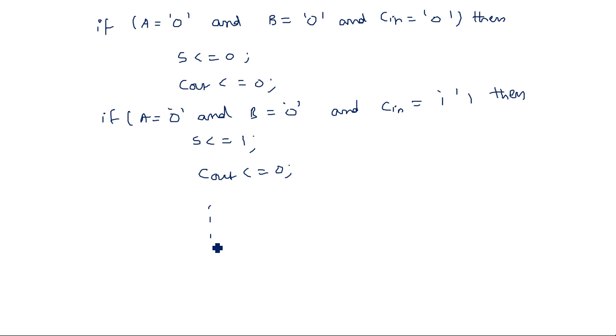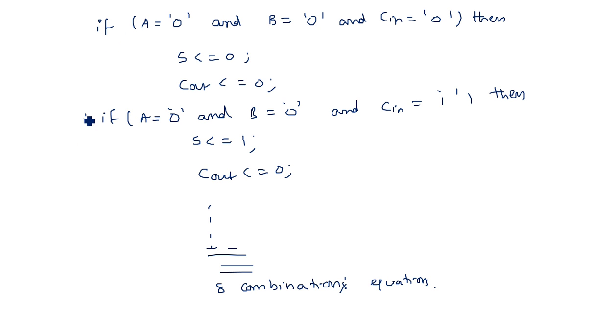So like this we will write all 8 combination equations. Okay, so I will write the last one. The next if will be else if. If this condition is correct, it will give you s equal to 0, carry equal to 0.